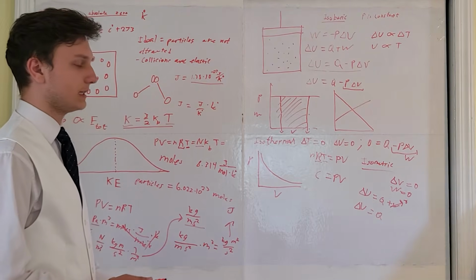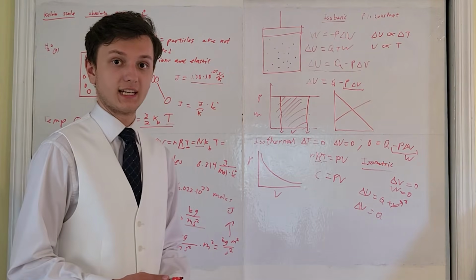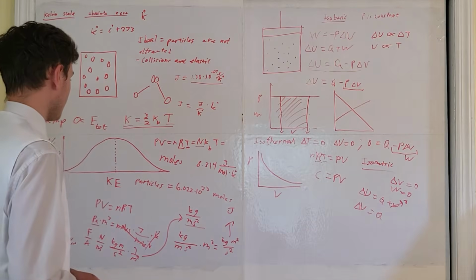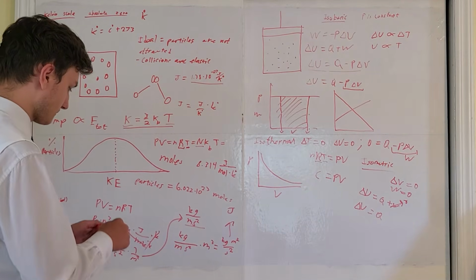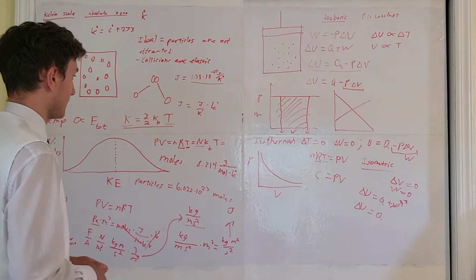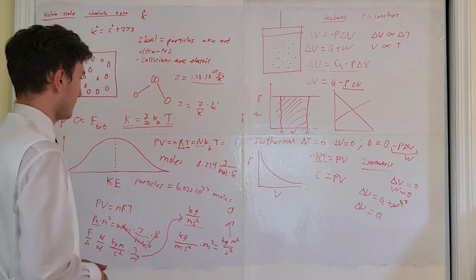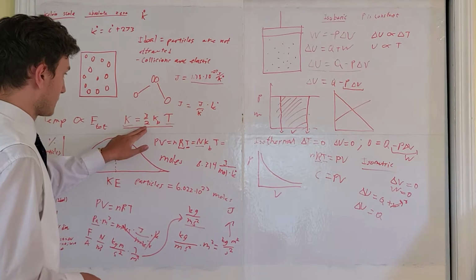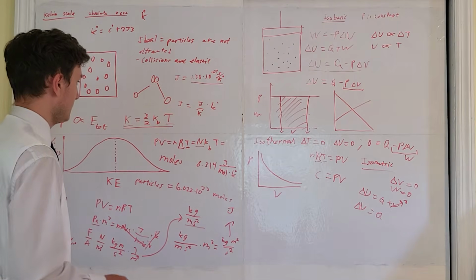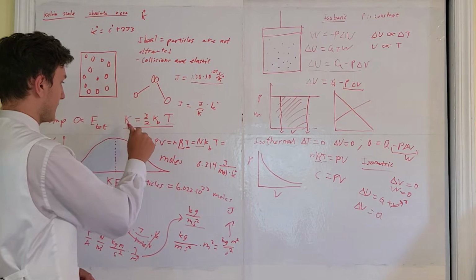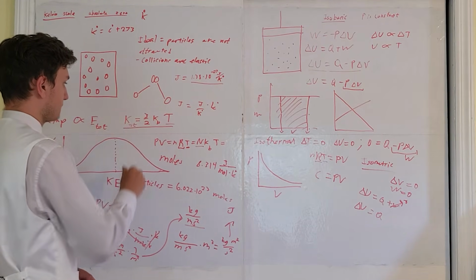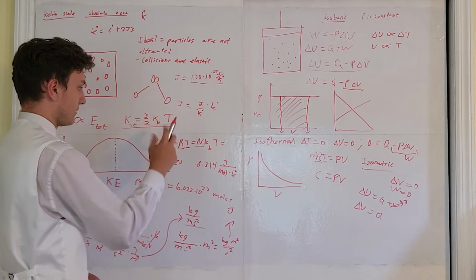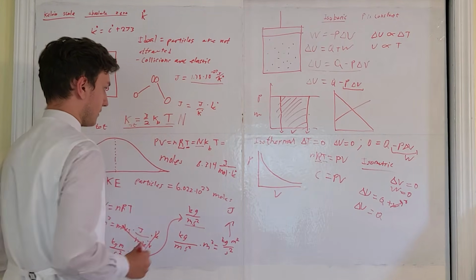And you are going to be given changes in temperature. So from changes in temperature, you are going to have to use the kinetic energy of a certain particle equals 3/2 k sub b times T, and the total kinetic energy of all particles in the system equals the kinetic energy of each particle individually times the number of particles.